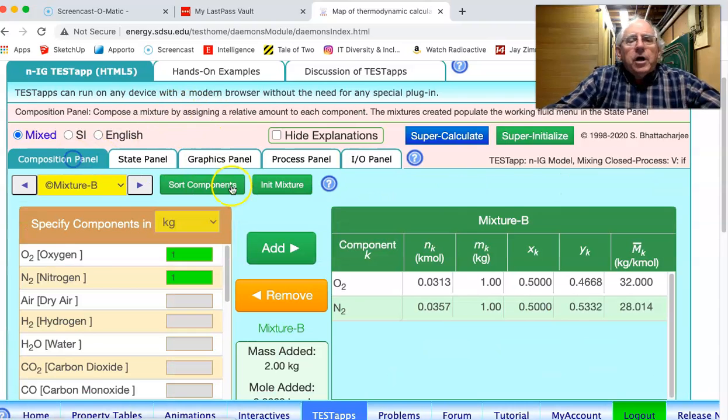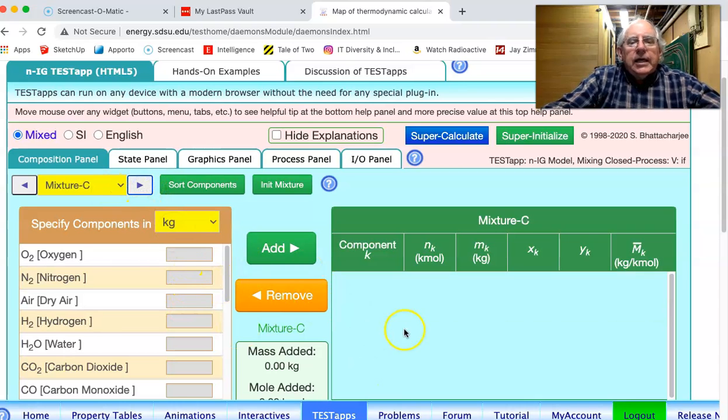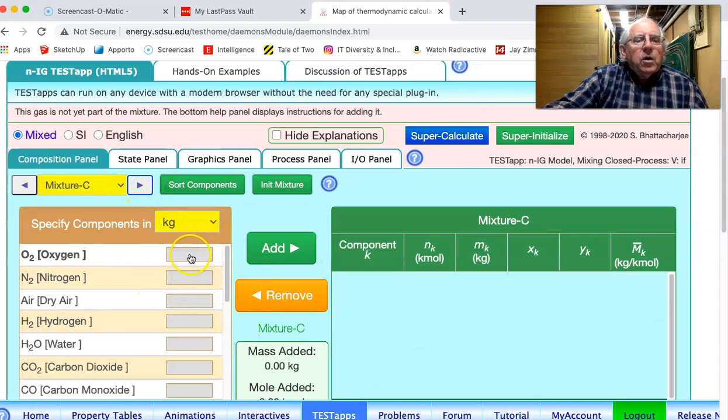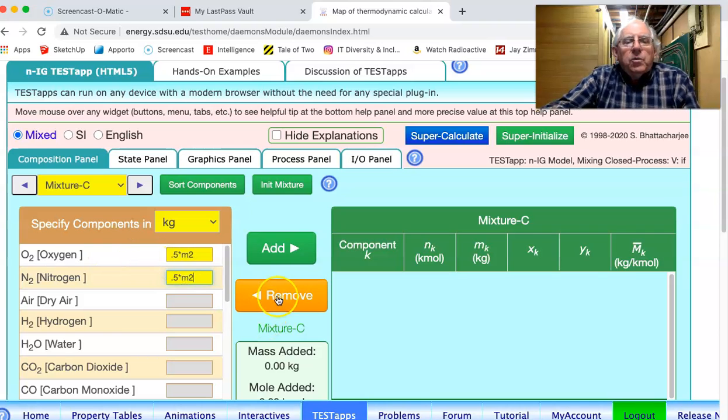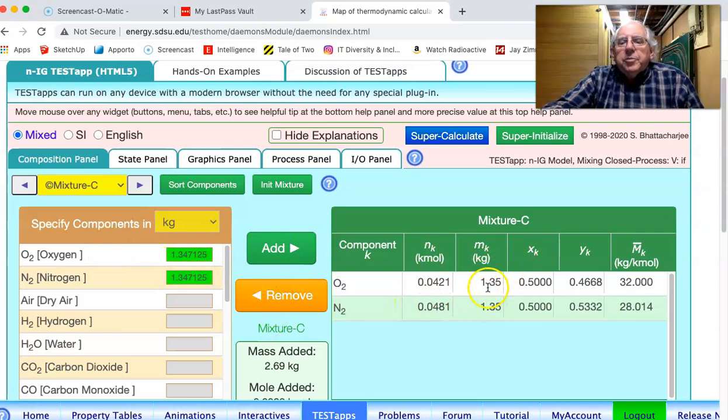Now we're ready to determine mixture C, and we can put our information in here. For nitrogen and oxygen, it is 0.5 of mass 2, and that splits it as 1.35 each because it was half on the mass balance.